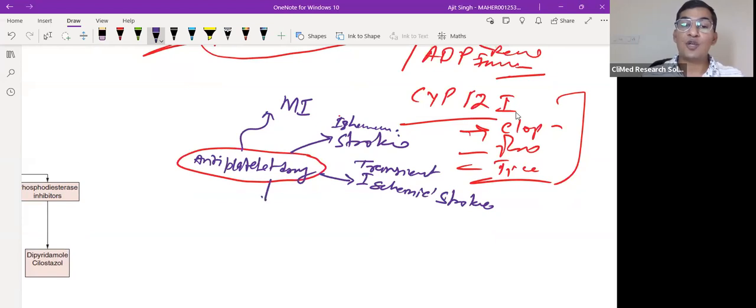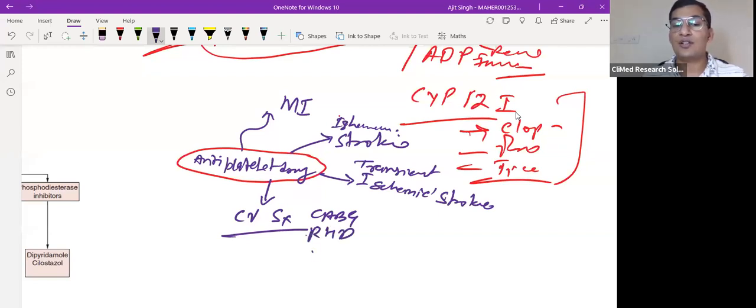Then cardiovascular surgeries, CV surgeries, right? CV surgeries could be CABG, or for RHD, for VHD, and it could be in kids also. These are the indications for antiplatelet drugs.